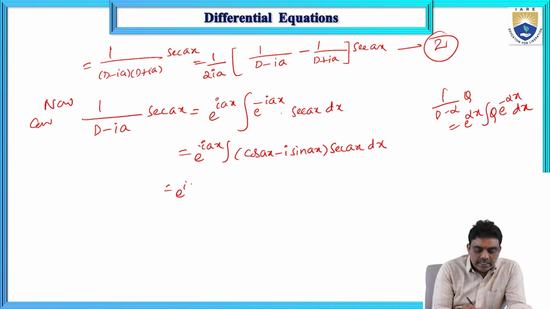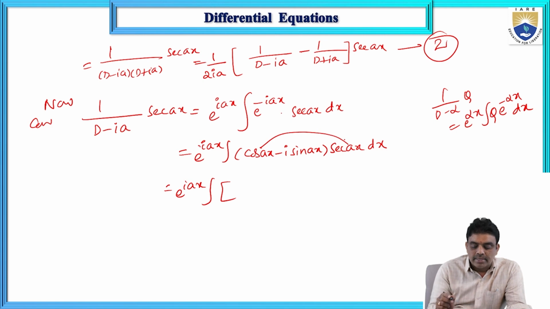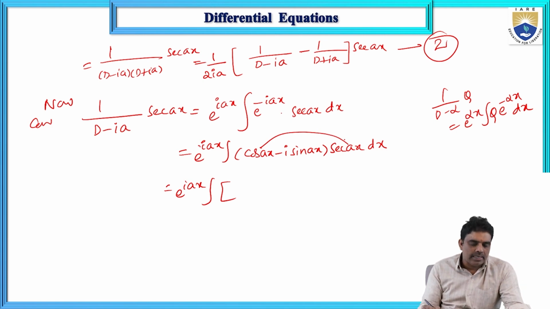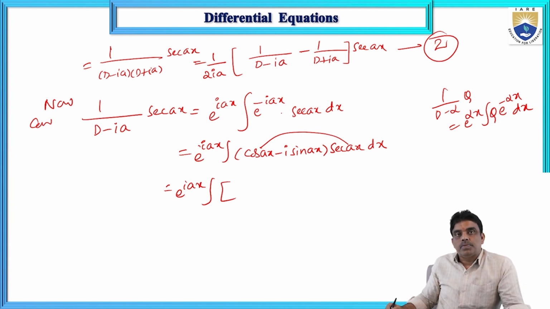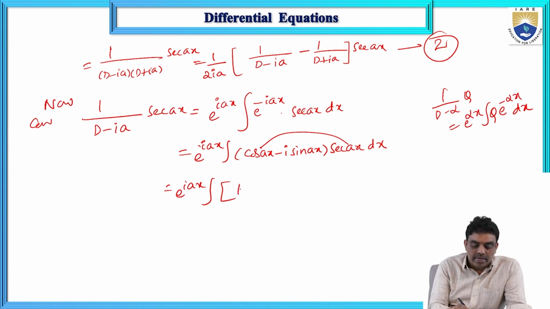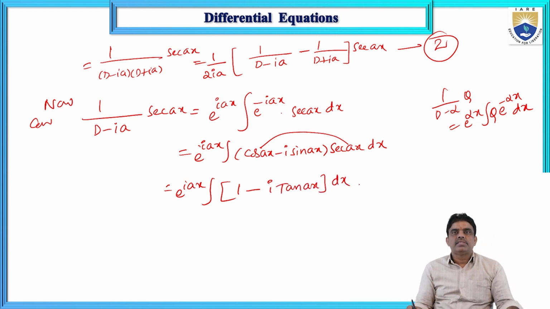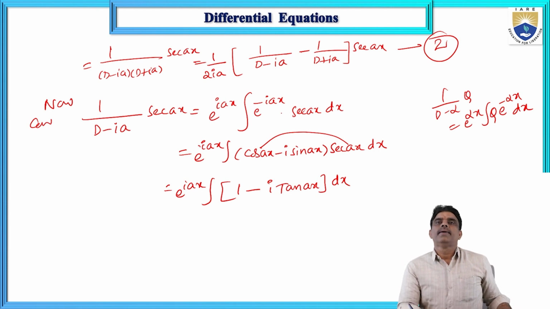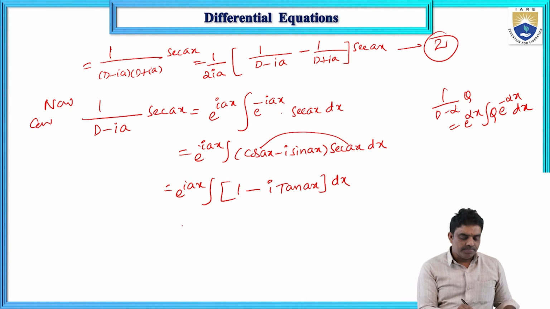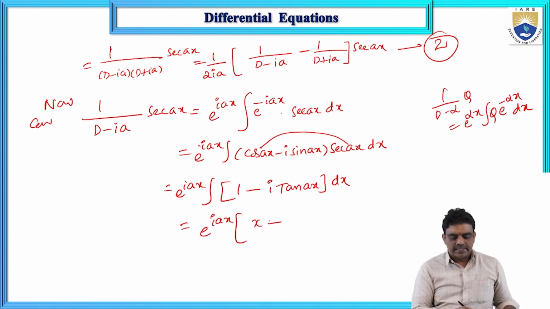Now it can be written as e power iax into integral of cos into secant. Cos and secant are reciprocals, so cos into 1 by cos is 1. The second term is minus i into sin by cos, which is equal to tan ax, dx. So multiplying with secant ax, cos into secant is 1, and minus i sin by cos is tan ax. So what is the integration? Integral of 1 dx, the first term, is x.